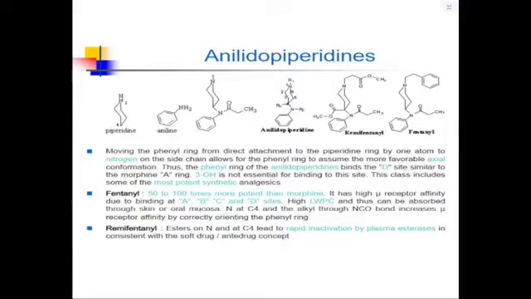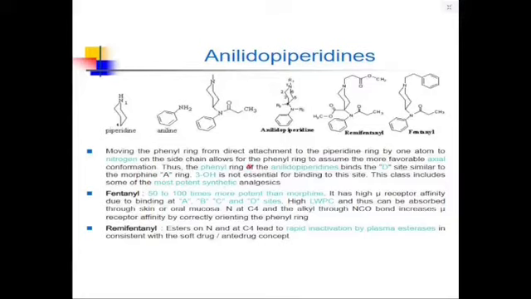So moving the phenyl ring from direct attachment to the piperidine ring by one atom of nitrogen on the side chain allows the phenyl ring to assume the more favorable axial conformation. Thus, the phenyl ring of the anilidopiperidine binds a D site similar to the morphine A ring. So it is able to bind.